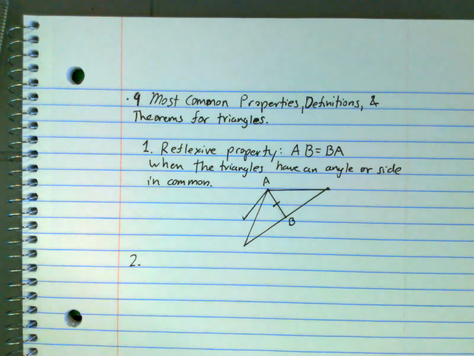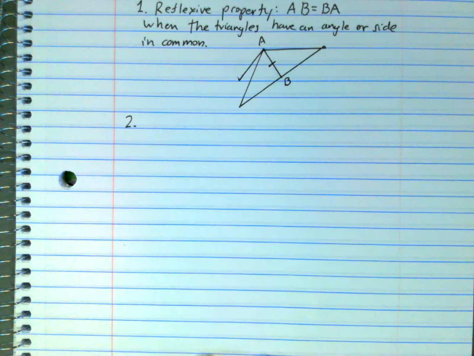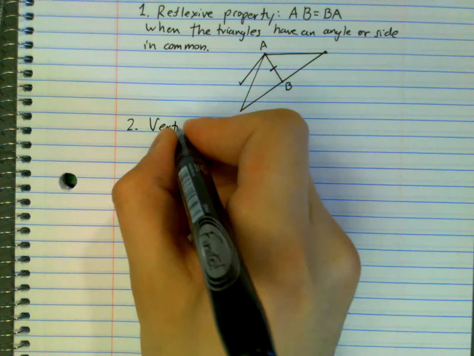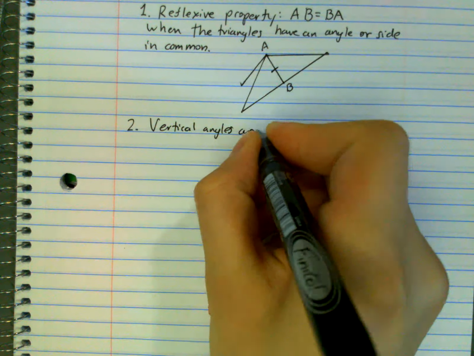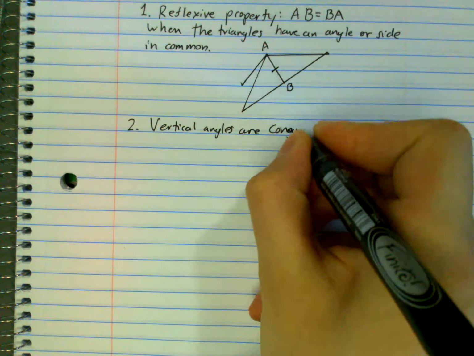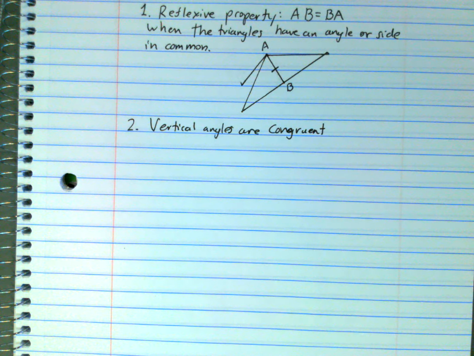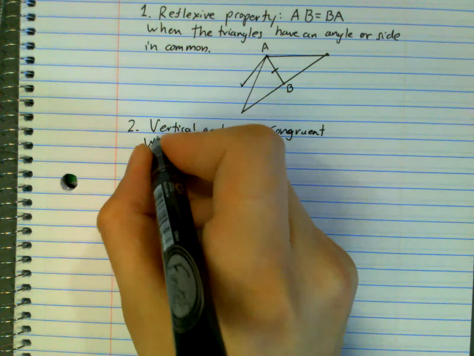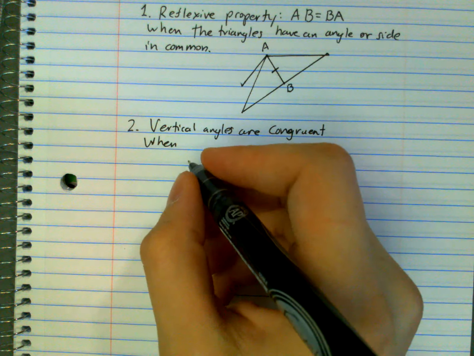Number 2. Vertical angles are congruent. This is the first thing we talked about when it came to congruency. Bottom left of the geometry vocab, section 2.1. Now we have a theorem, property, or definition for it.